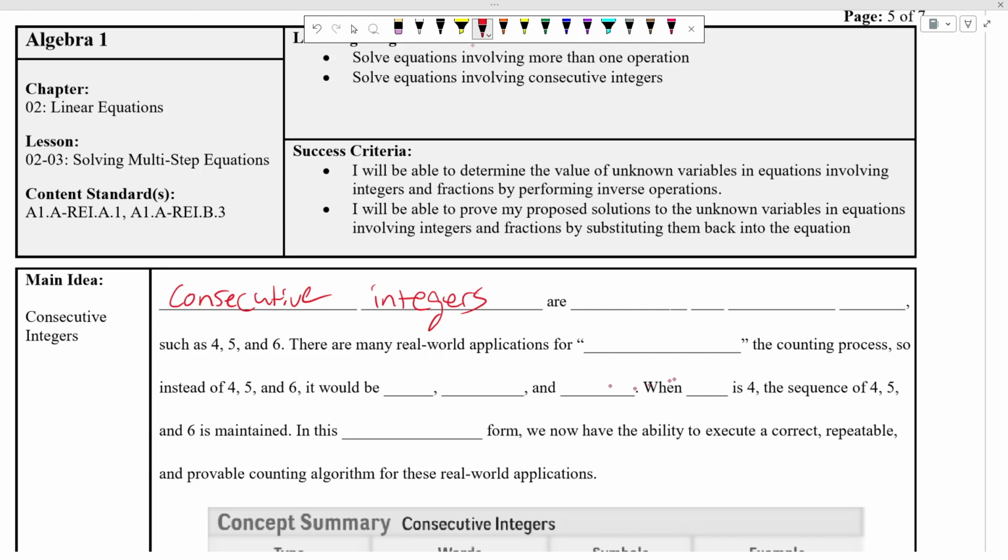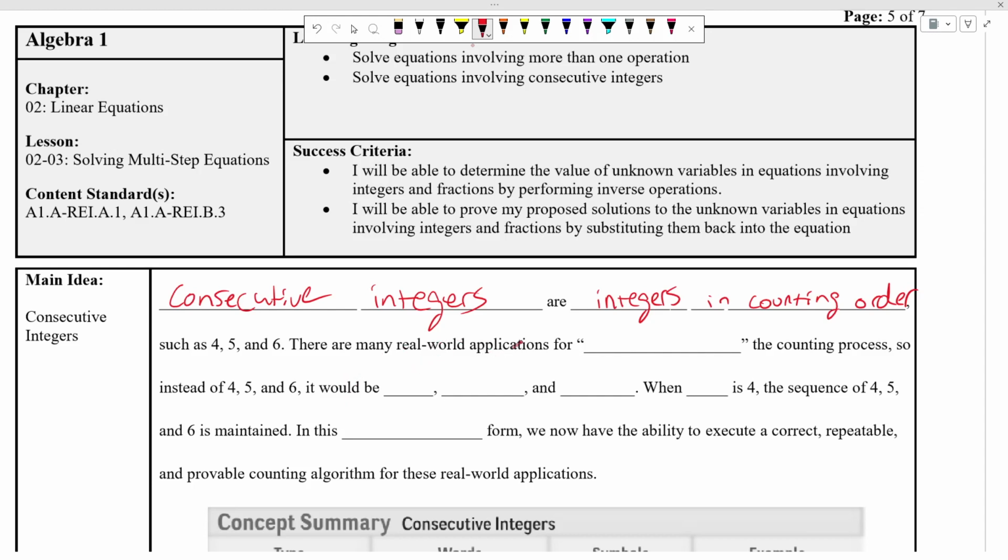If you understand that, then you would understand what consecutive integers are. Consecutive integers are simply integers in counting order, such as 4, 5, and 6. They are indeed in order.